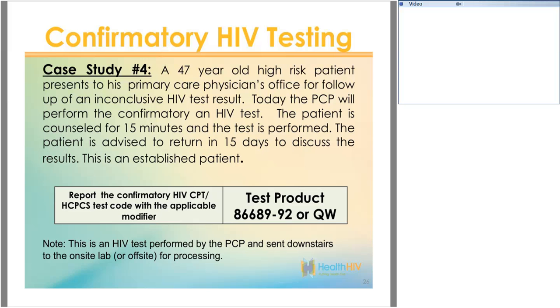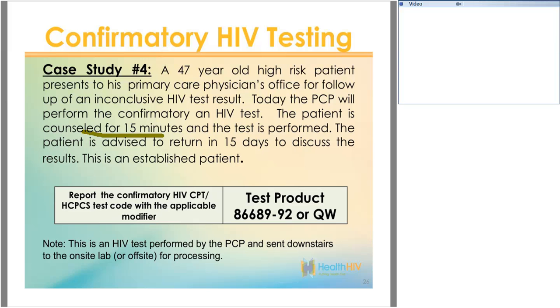The patient was counseled for 15 minutes, and then the test was performed, and the patient was advised to return. This may very well be one of those patients that may be non-compliant, but in this scenario the previous results were inconclusive, so the patient hopefully will return after this particular test for their results.